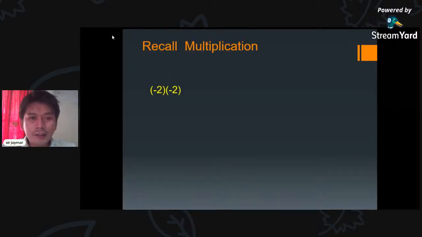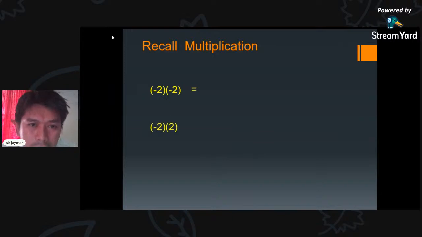So first, let us recall multiplication. It is the first useful thing for the laws of exponent. Number one, let us try to answer this: negative 2 multiplied by negative 2. What will be the answer? Just write it down on your notebook or sketch paper. Number 2, negative 2 multiplied by positive 2.